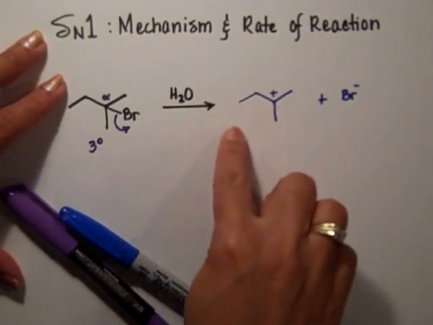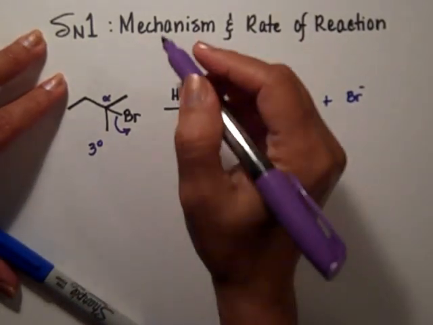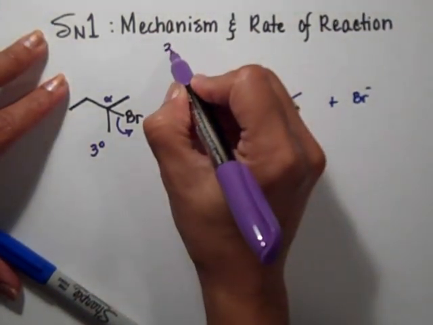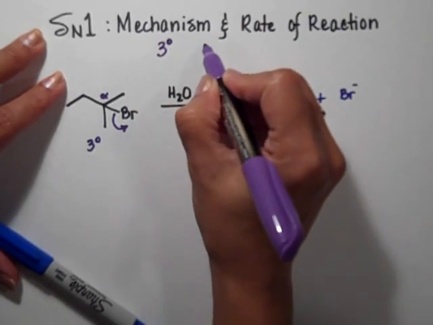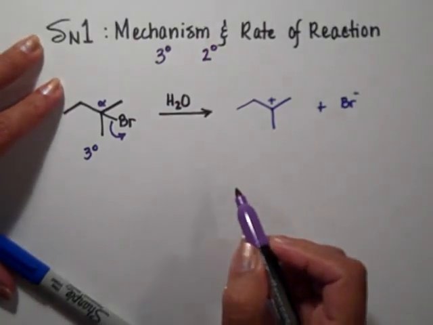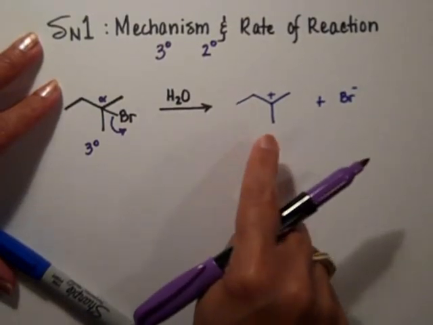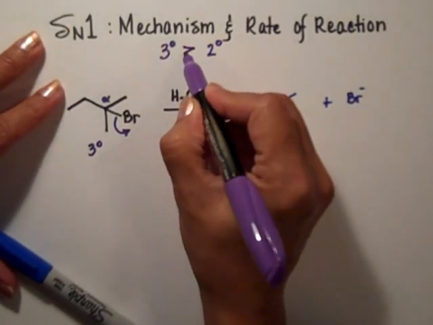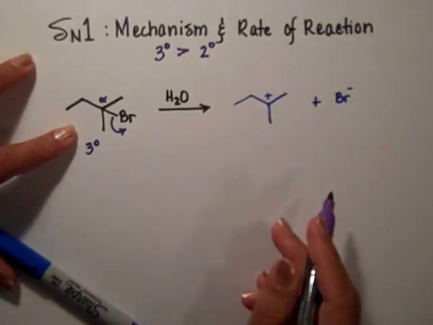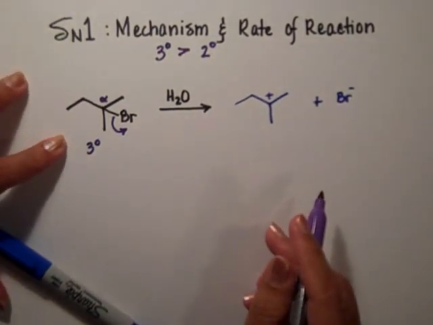So in terms of this carbocation, the SN1 mechanism is for tertiary and secondary alkyl halides only. You cannot form a primary carbocation. And since tertiary is more stable than secondary, tertiary alkyl halides will undergo the SN1 reaction faster.